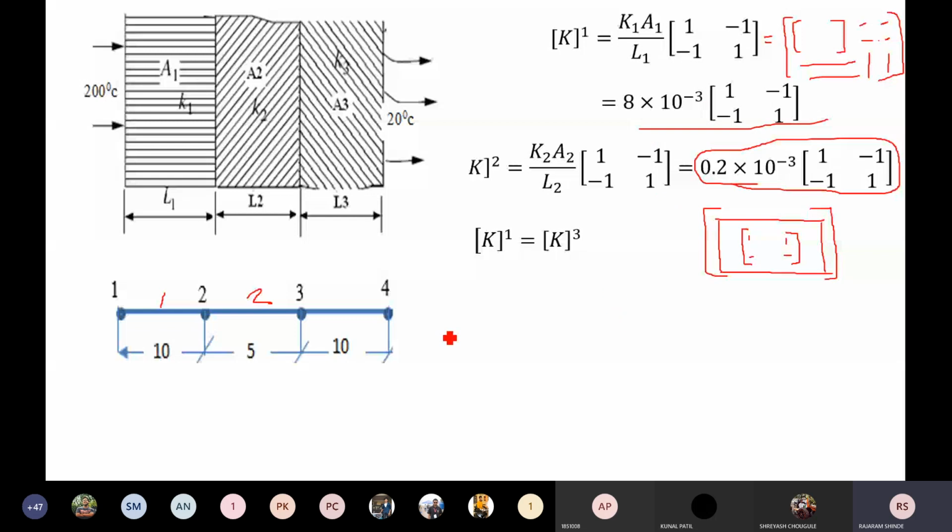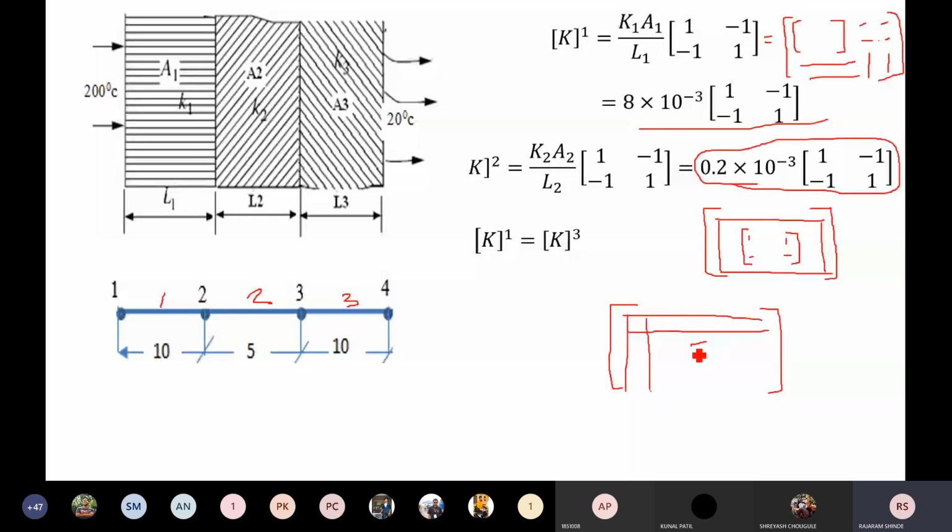Okay, now K3 is the same one, this one. In case of K3, if we go for the third element, node number 1 and 2 are not connected to the third element. Therefore in case of the third stiffness matrix, here 1 is not connected, therefore the first row is 0. Okay, 2 is not connected, therefore the second row is also 0, and first column is 0, second column is 0.